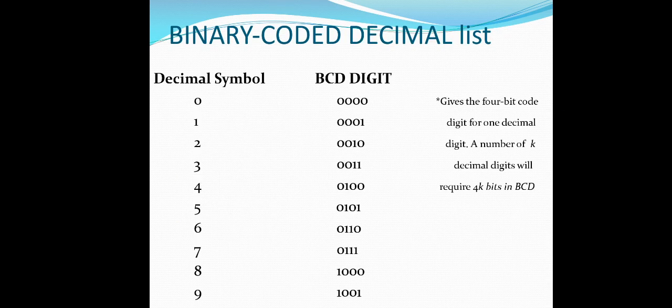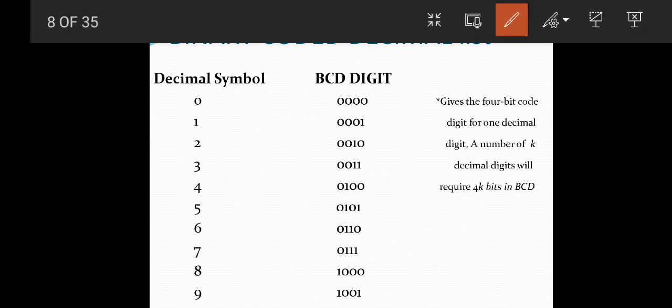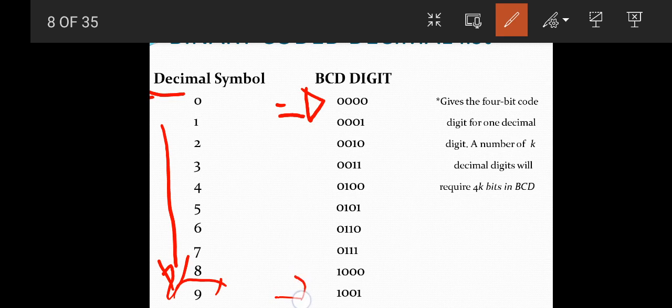So these are the list of binary coded decimals. Again, the numbers that can be accepted in binary coded decimal are from 0 to 9, and they are represented in 4 digits. So 4 zeros for 0 and 1001 for 9.